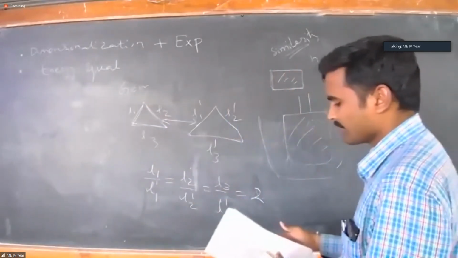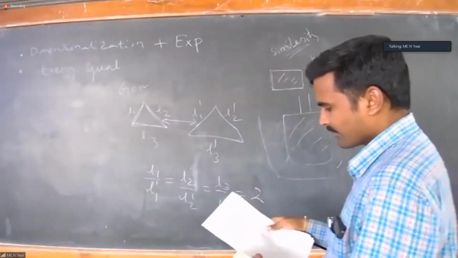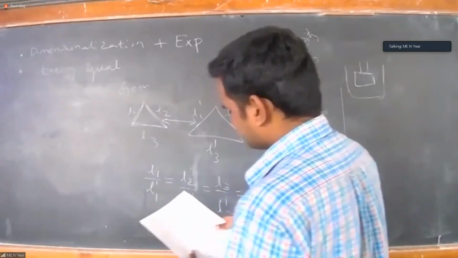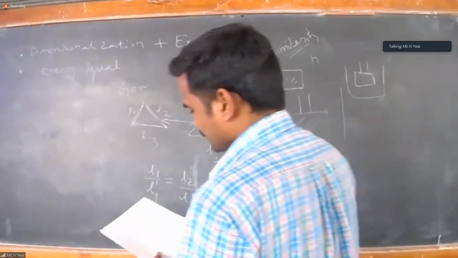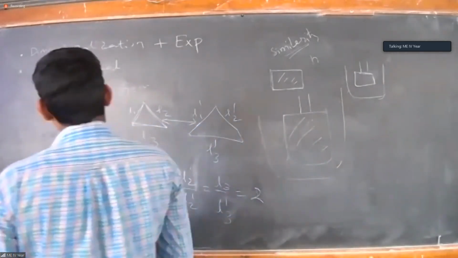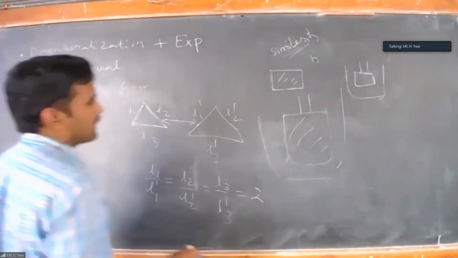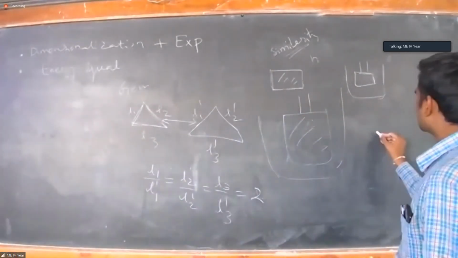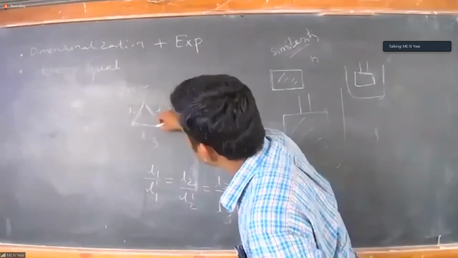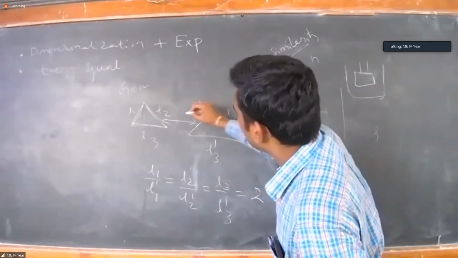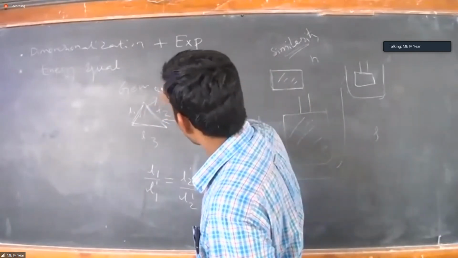Then you will have model similarities, physical similarity. You have this particular volume, and this particular fluid will have some density rho 1.